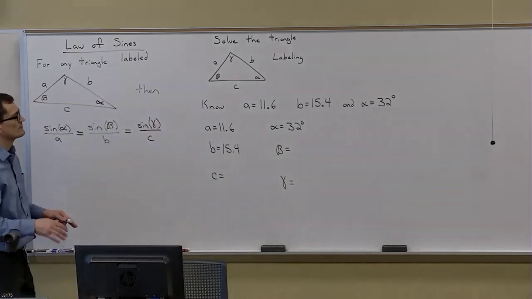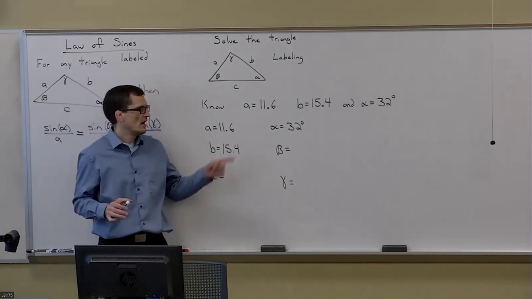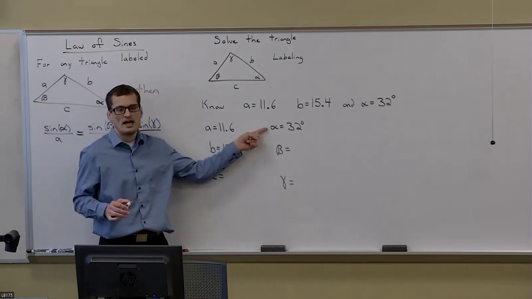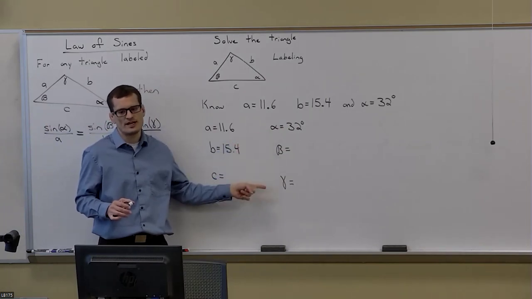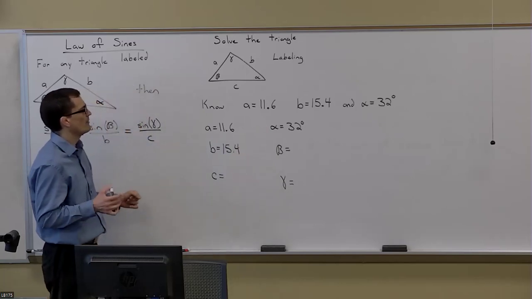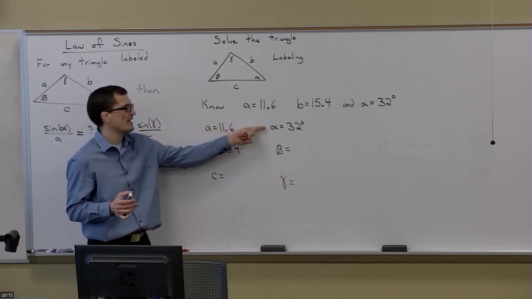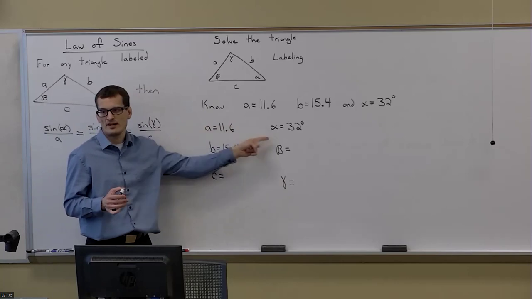All right. So first things first, I say, what tool should I use? I only have one angle right now. So I can't use the fact that the 3 angles add up to 180 degrees. Not yet anyways. So what I'm going to do is look and notice that both A and alpha are given to me.